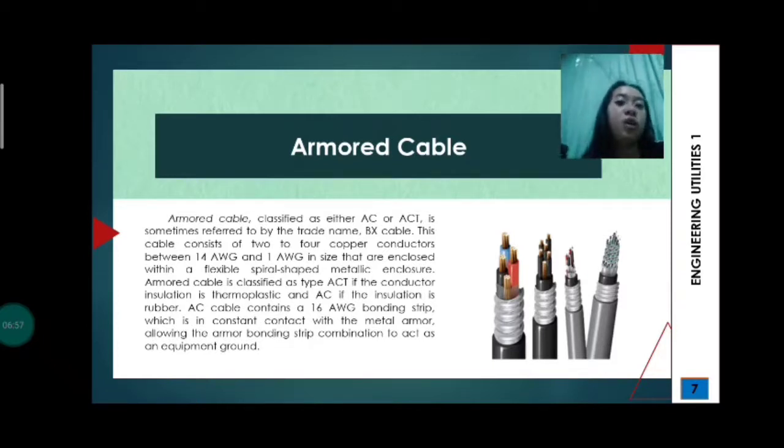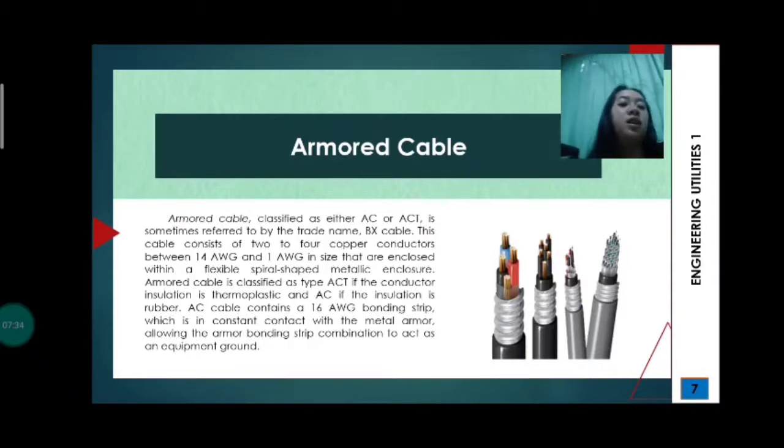Armored cable is classified as type ACT if the conductor insulation is thermoplastic, and AC if the insulation is rubber. Which means if the insulation of an armored cable is thermoplastic, it is ACT, while if the insulation of an armored cable is rubber, it is AC.